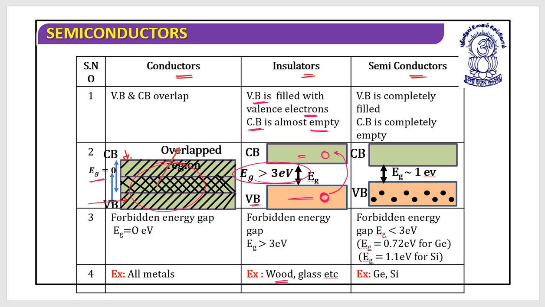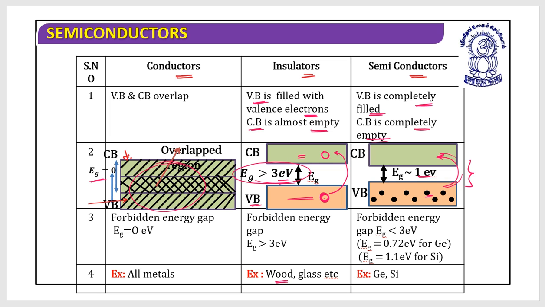When we say semiconductor, the valence band is completely filled and the conduction band is completely empty, but the energy gap between these two levels is approximately 1 eV. Compared with insulators, a smaller amount of energy is needed, so electrons in the valence band can switch to the conduction band very easily.